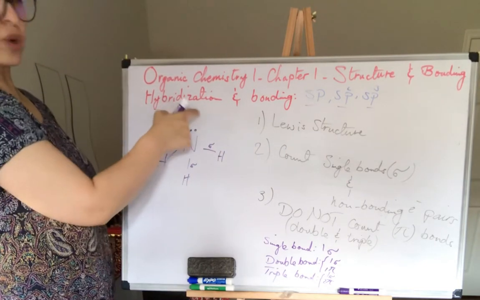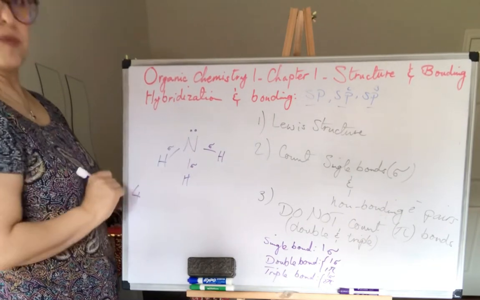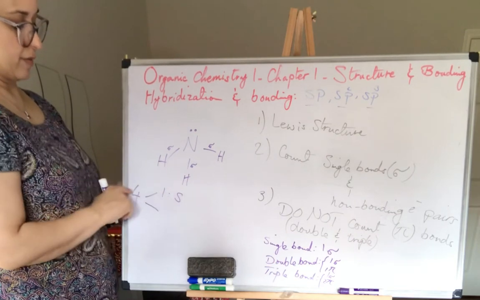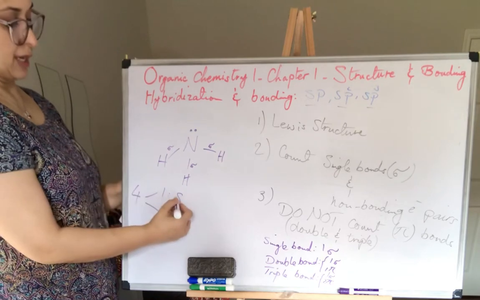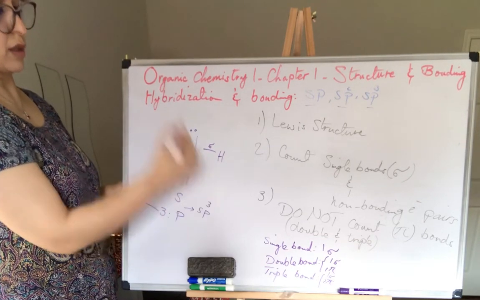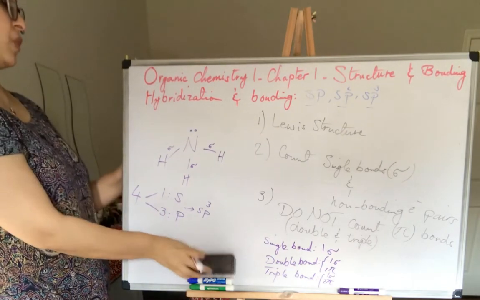And how many electron pairs? 1. So 3 plus 1 is 4. One of them is always for S. 4 minus 1 is 3 for P. So it's S1P3 or SP3.